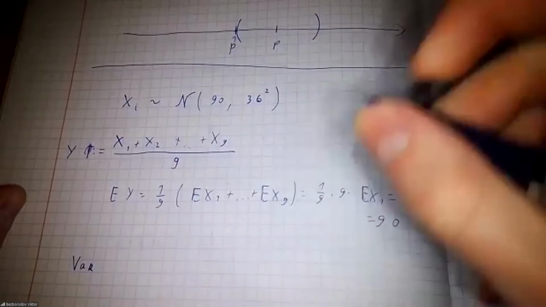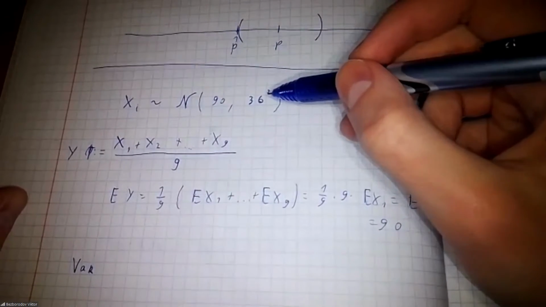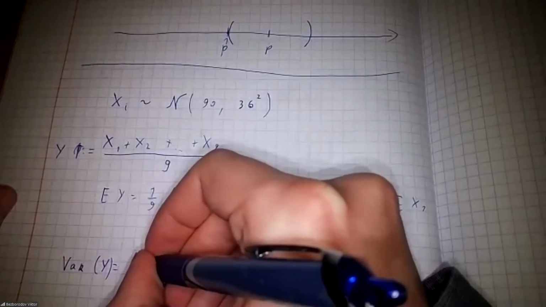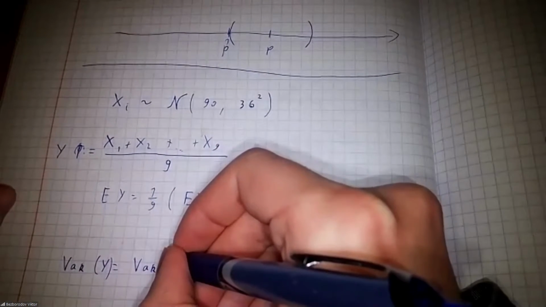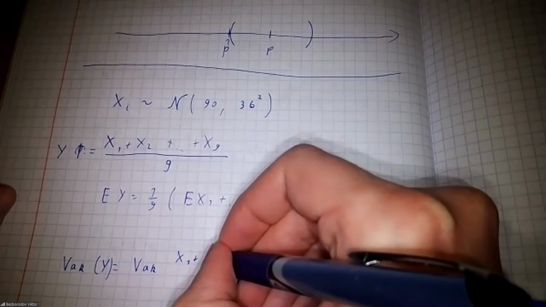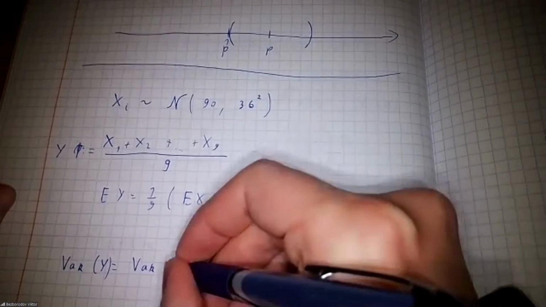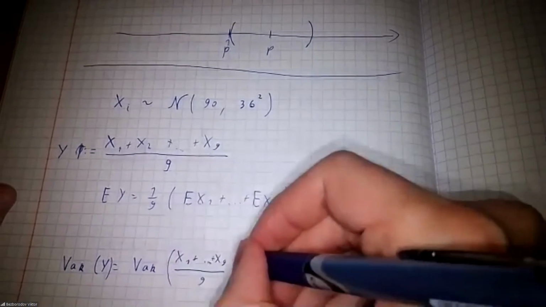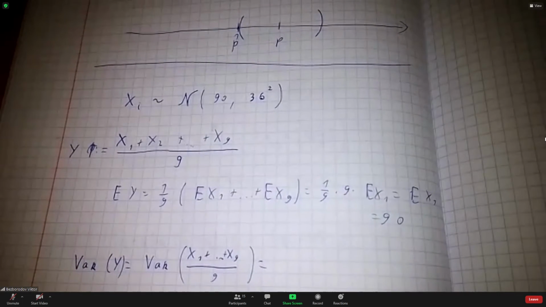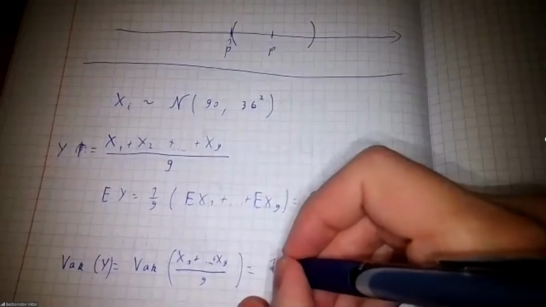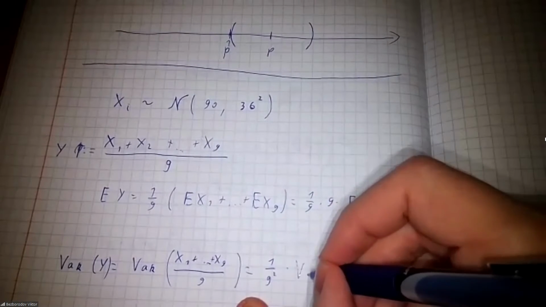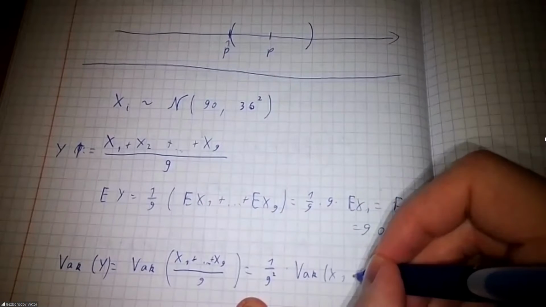The variance of Y. You remember the properties of the variance: a constant comes out with a square. So this is (1/9) squared times the variance of the sum.